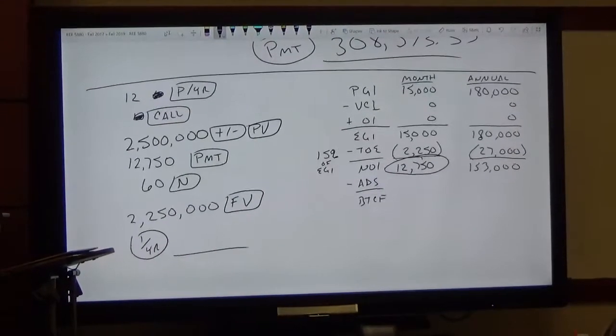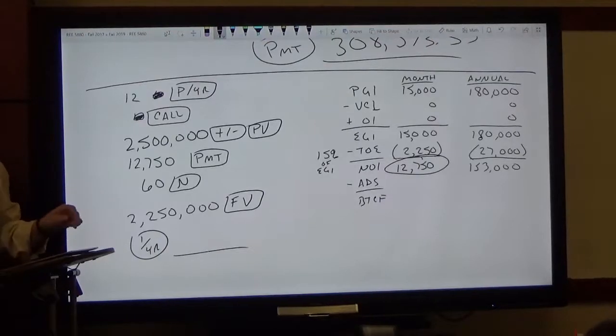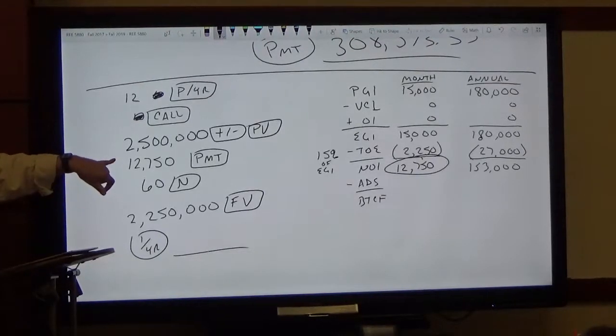So we don't need to use the IRR function, not yet. The next problem we will. But that still is an internal rate of return. The only reason we don't have to use the internal rate of return function is because our payment amount is constant, so we don't have to build the cash flow year by year.